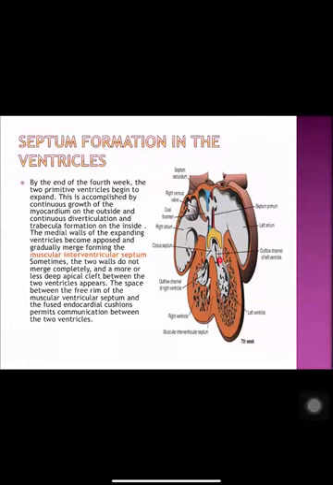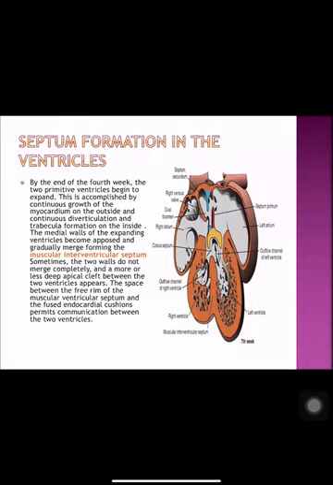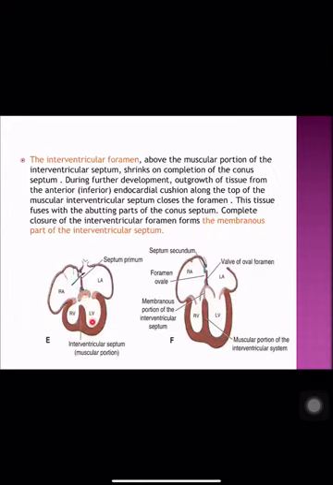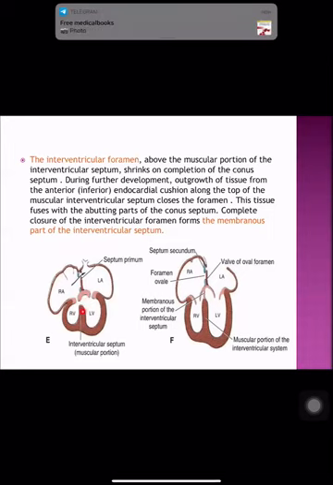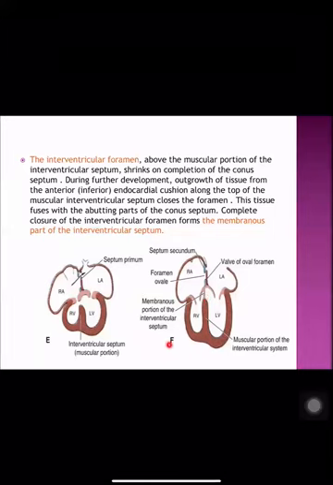It will leave an apical cleft between both ventricles that is called the interventricular foramen. Now, with the extension or proliferation of the tissue from the endocardial portions to the muscular portion, it will close this interventricular foramen, leading to the formation of the membranous portion of the interventricular septum.